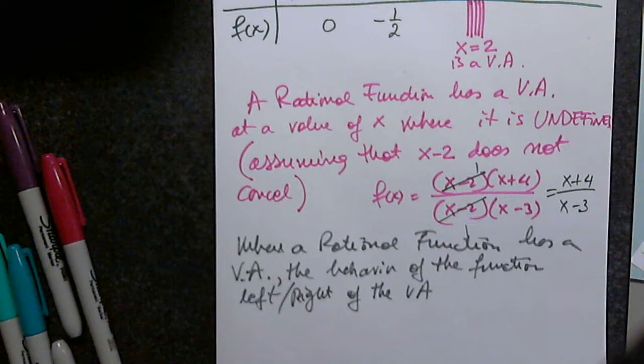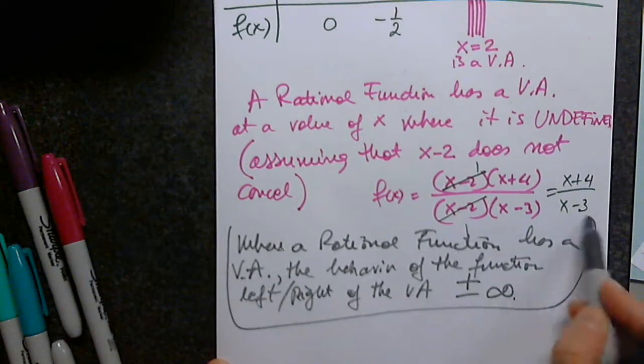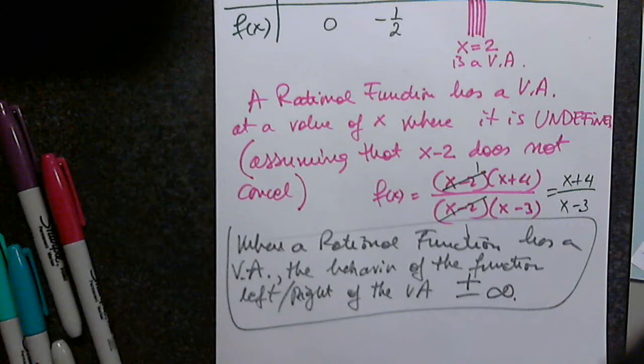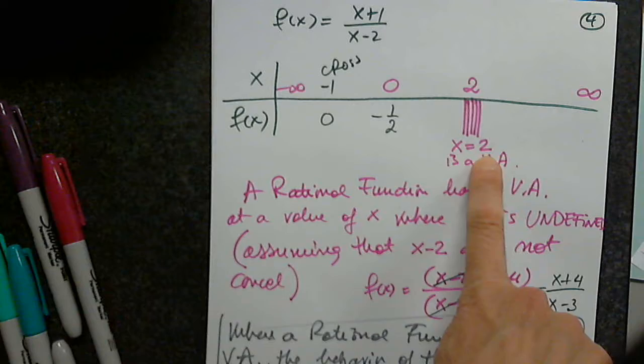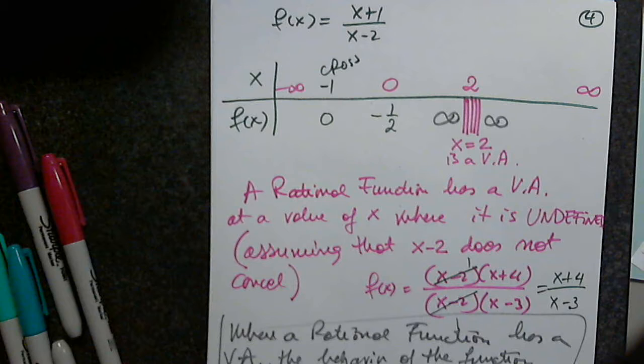Remember what I showed. One option. Second option. Third option. Fourth option. What am I showing you? Infinities. Plus or minus infinity. This is mandatory. If it does not go to plus or minus infinity, it's not a VA. So they go together. If I establish that x equals 2 is a vertical asymptote, I know left and right must be infinities. What I don't know is the sign of those infinities yet.